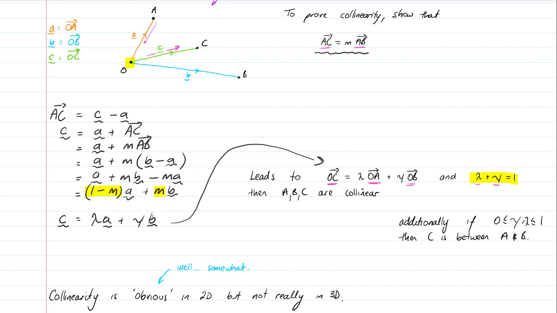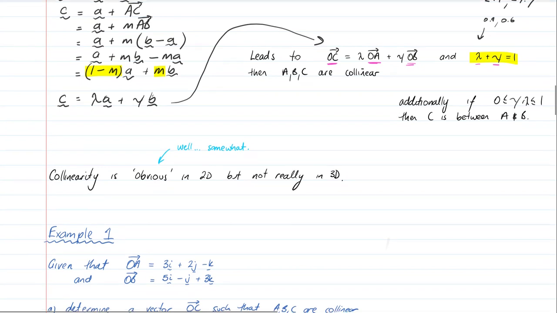So these two could be 0.4 and 0.6, and then C will be in between. But if they're 2.7 and negative 1.7, then C will be somewhere towards the 2.7 beyond it, over here maybe somewhere. So we get some interesting results out of this.